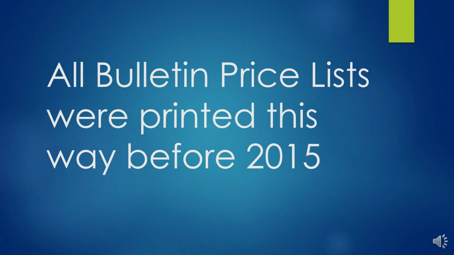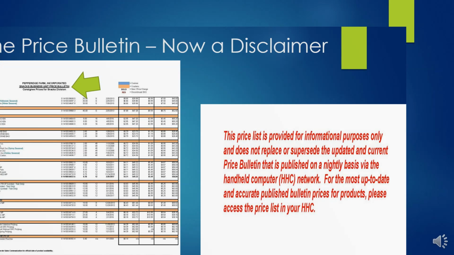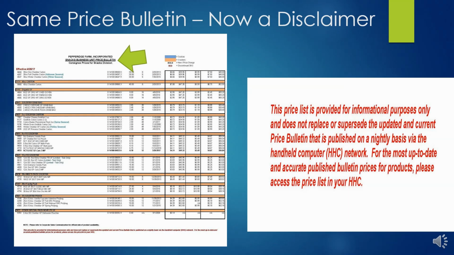What happened back in 2015? Well, Pepperidge Farm changed some of the wording. We still have the same price bulletin, Snack Business Unit Price Bulletin, effective 4/26/17 in this case, but now Pepperidge Farm changed the wording down on the bottom. They're no longer saying a price bulletin list, they're using a price list.